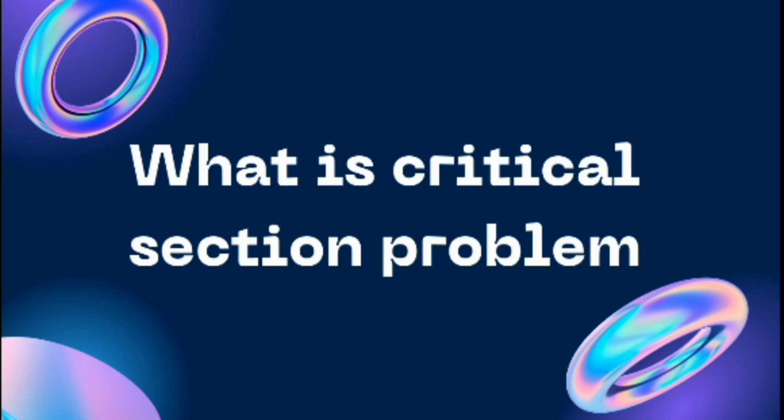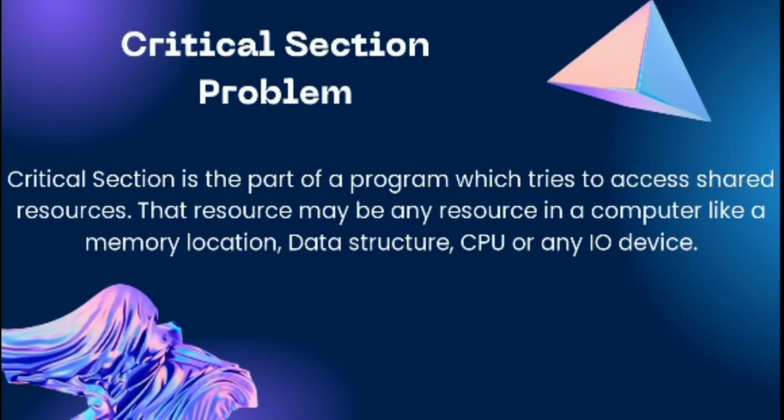So first, let us know what is a critical section problem. Critical section is the part of a program which tries to access shared resources. That resource may be any resource in the computer like a memory location, data structure, CPU or any IO device.